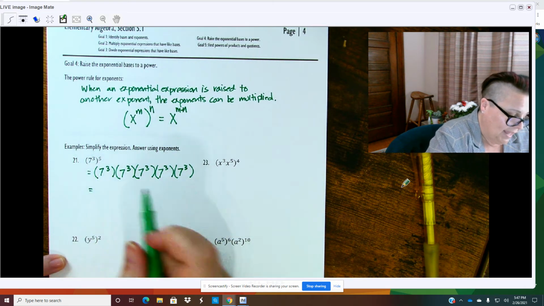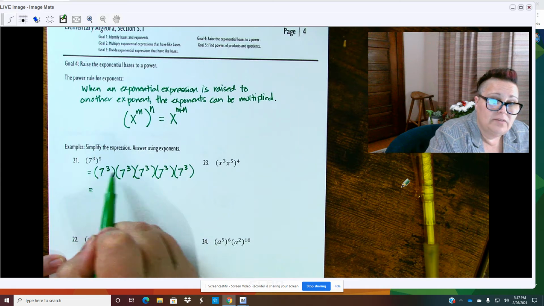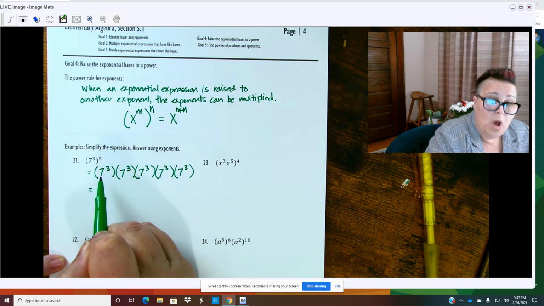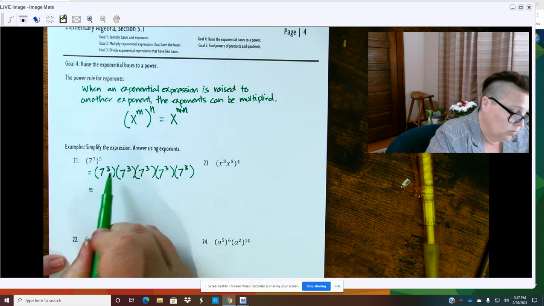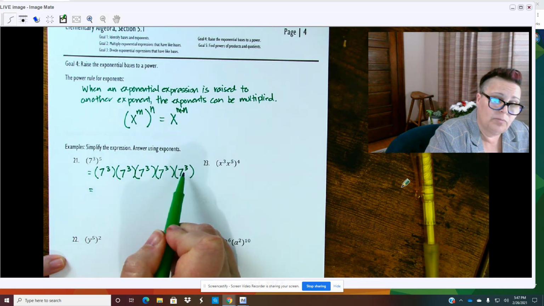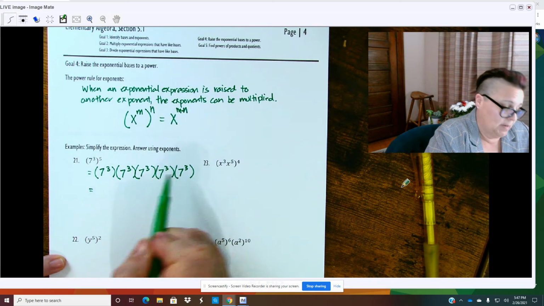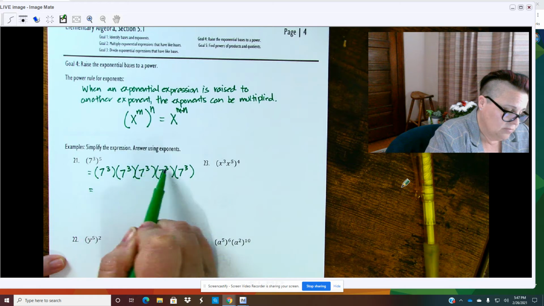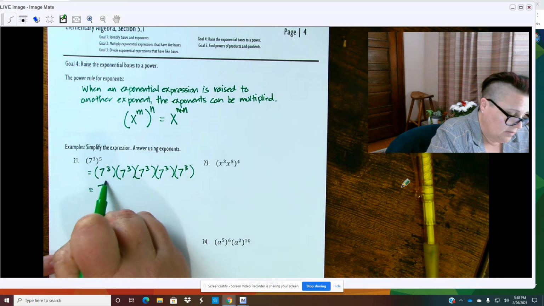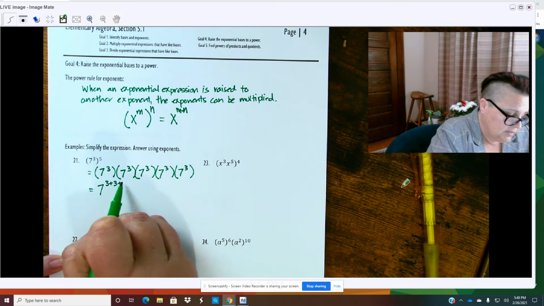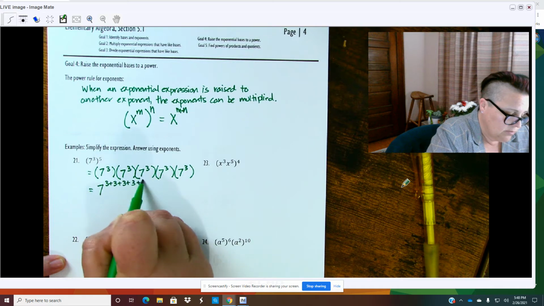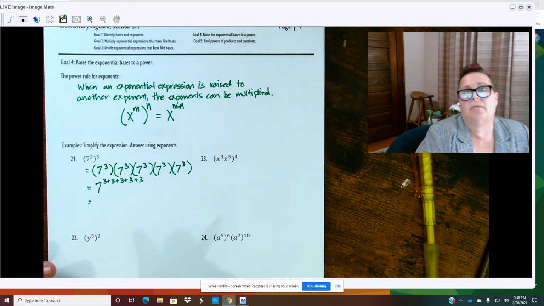So what do I have? Well, now these are all being multiplied. And I know from my previous rule, when I have the same base being multiplied, I can add. So this would be 7 to the 3 plus 3 plus 3 plus 3 plus 3. Well, how many 3's are there?